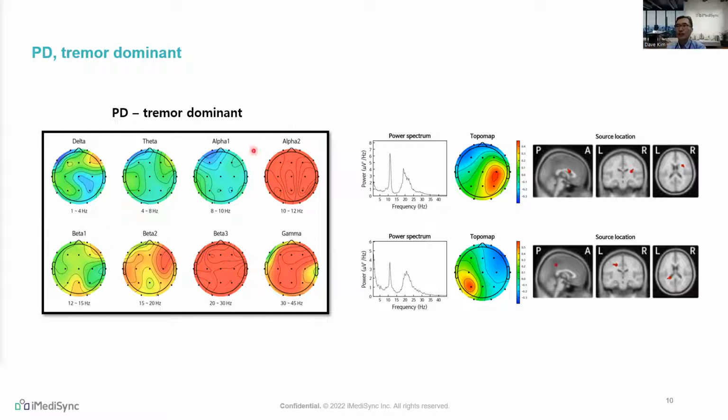So in ADHD, there is an underactive phenotype, and also an overactive phenotype. In Parkinson disease, there is underactive, and also overactive phenotype like this. So we can design different interventions based on the EEG phenotype.